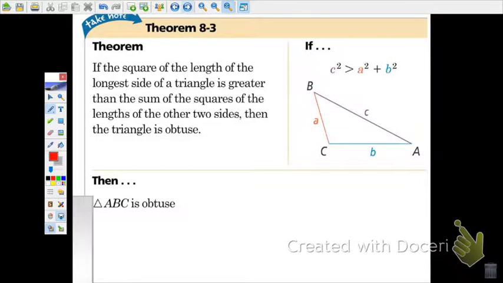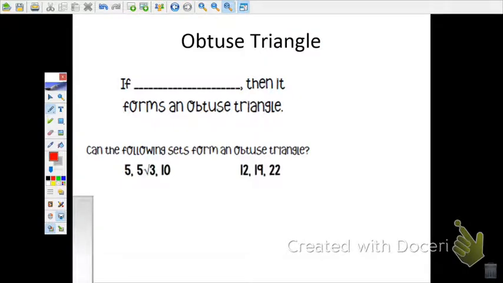So again, that's why we like to have that c squared on the left, because when I see a greater than symbol, it makes sense for greater than to be obtuse, for less than to be acute. If we had the c squared on the right side, then it would be the opposite. A greater than would mean acute, which doesn't make sense. All right.